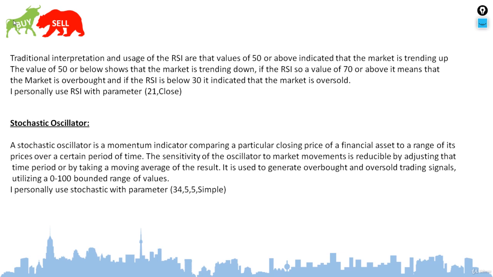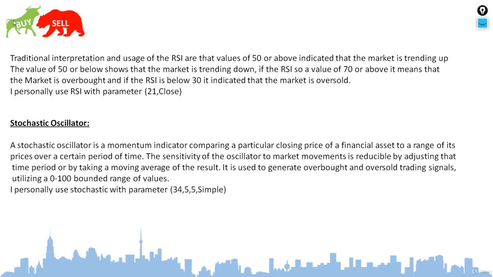In the second place, we are going to see the second indicator, which is the stochastic oscillator. A stochastic oscillator is a momentum indicator comparing a particular closing price of a financial asset to a range of its price over a certain period of time. The sensitivity of the oscillator to market movement is reducible by adjusting the time period or by taking a moving average of the results.